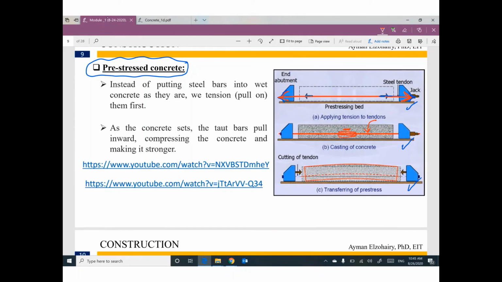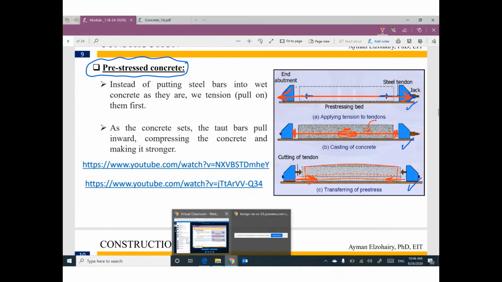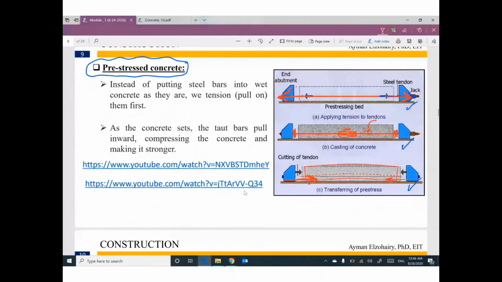Once I released this cable, the cable will apply compression on concrete. So we start first with the tension force on the cable without any concrete, but finally this cable will react to concrete by compression force. This is the main idea of pre-stress.